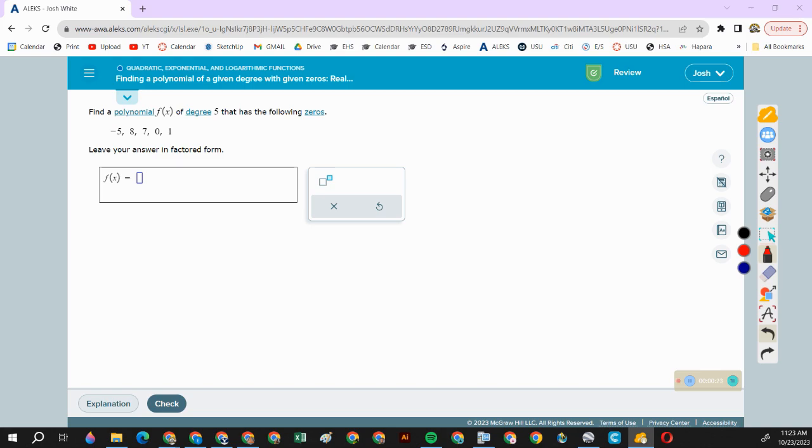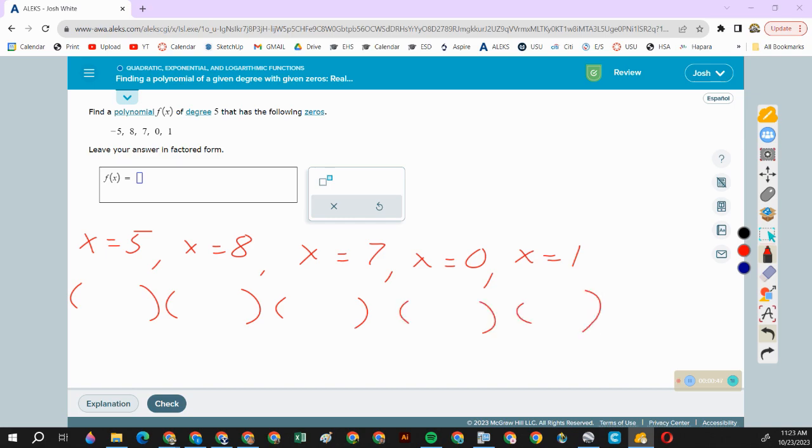If x equals -5, what is the factor that created that root? So we have x equals 5, x equals 8, 7, 0, and 1. I want to create a polynomial where I multiply all of these factors together.